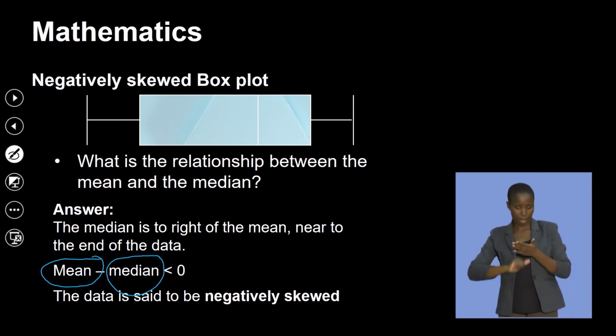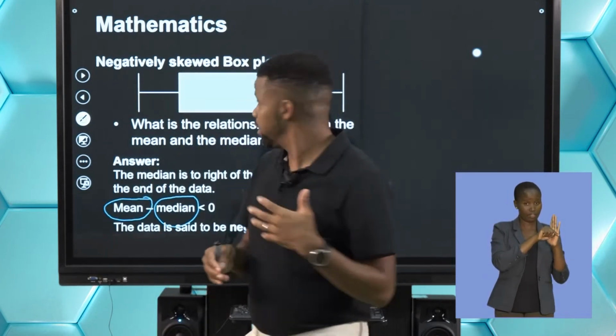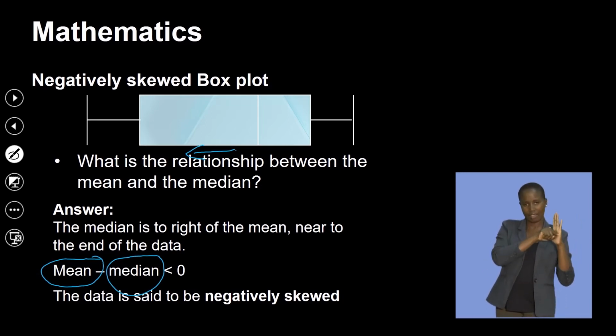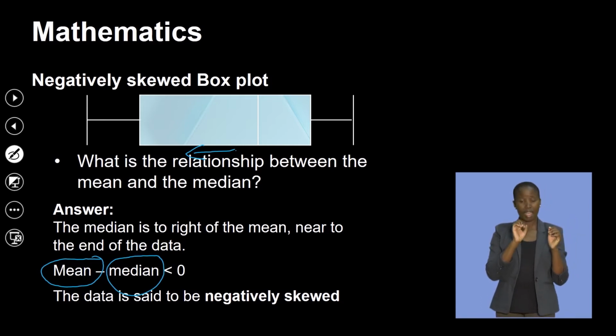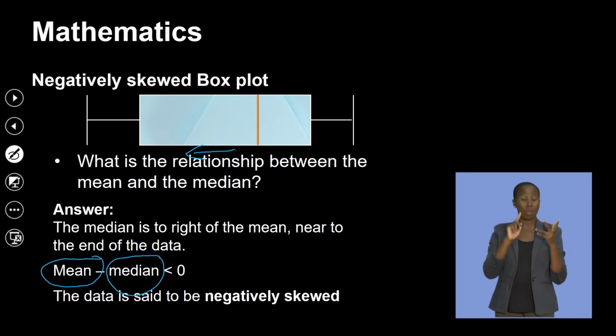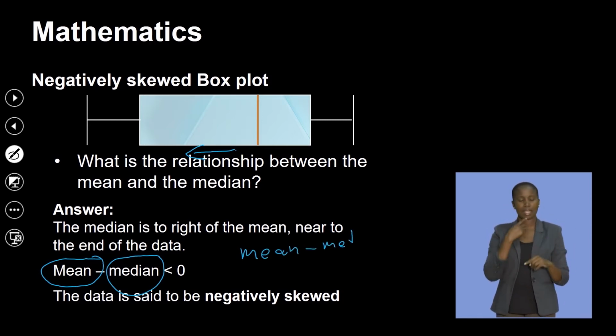If our answer is negative, smaller than zero, then this is skewed to the left. It's negatively skewed. And if the mean minus the median is positive, therefore this will be positively skewed.